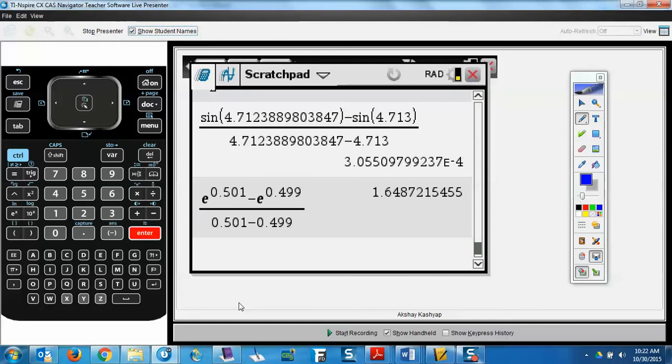Now, if it was a big messy function, and I had to plug numbers into it, f of this, f of that, whatever, then I would actually define my function.